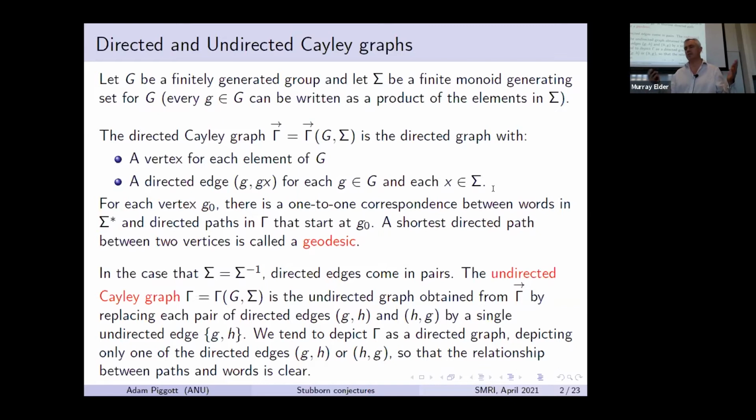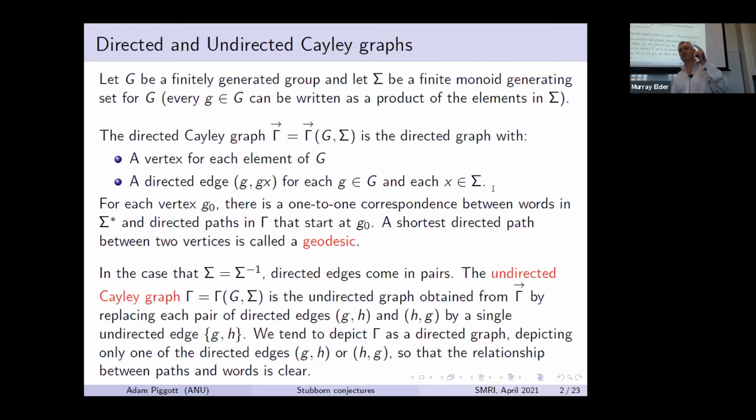What's the real difference between directed graphs and undirected graphs? In directed graphs, you may not be able to go in both directions across an edge, whereas in an undirected graph, you can. So here's where things get a little confusing. If we can use an undirected Cayley graph, then we just collapse our two directed edges into an undirected edge.